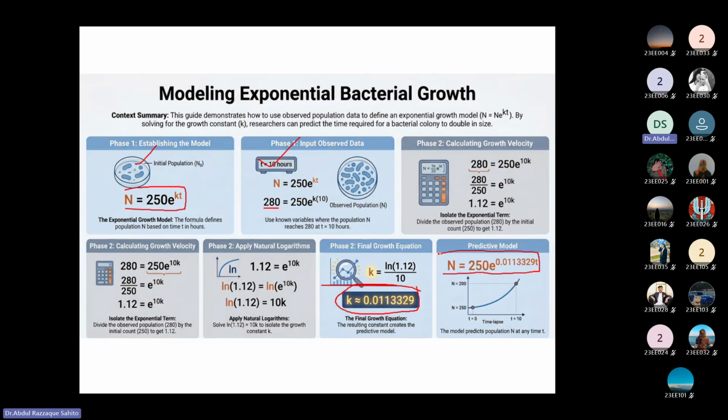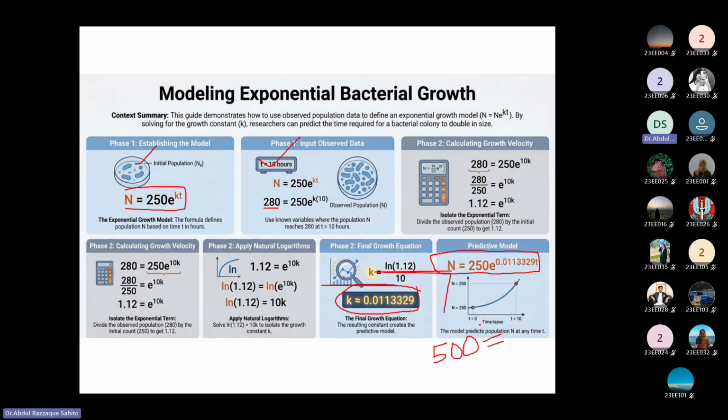By using this model, we can estimate the time when the population is double. In order to calculate when the population is double, in place of N we will write 500. So 500 equals 250 exponential power, where the value of k is 0.0113329, times t.